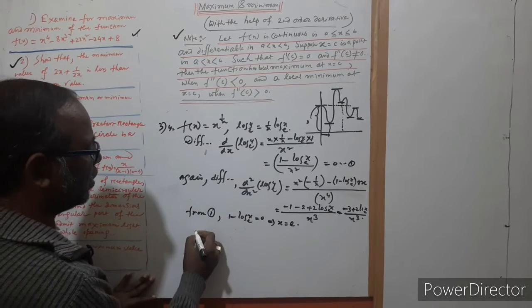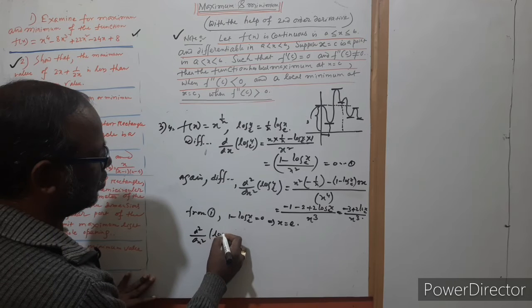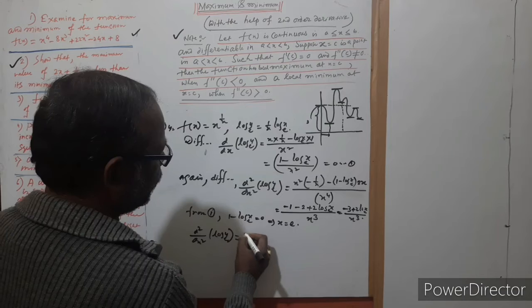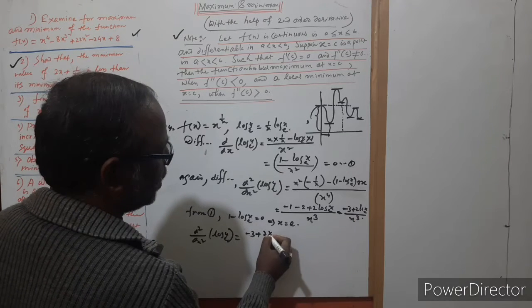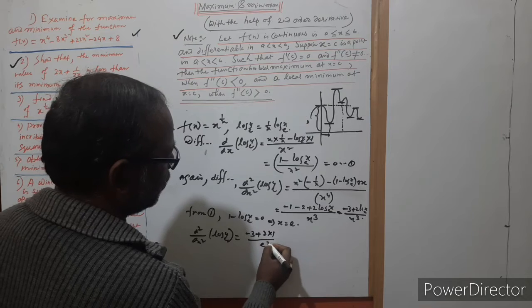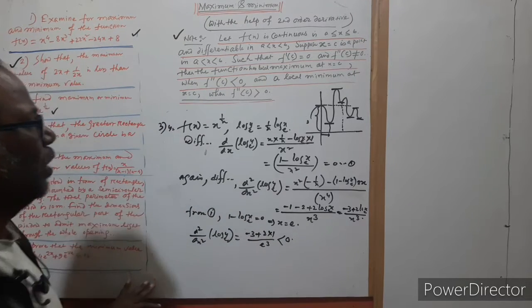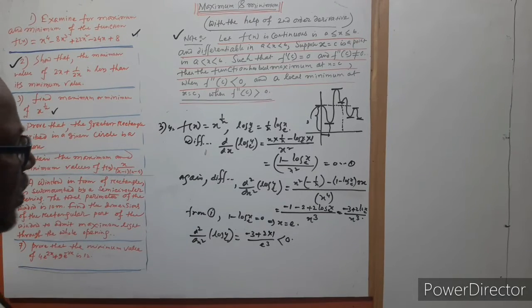Now put it in the second order derivative. If we put there minus 3 plus 2 into log e base e, which is 1, and the denominator is e cube, so this is less than 0. So y equal to x to the power 1 by x attains a maximum.